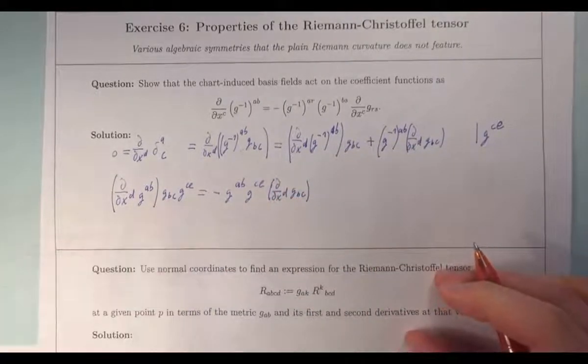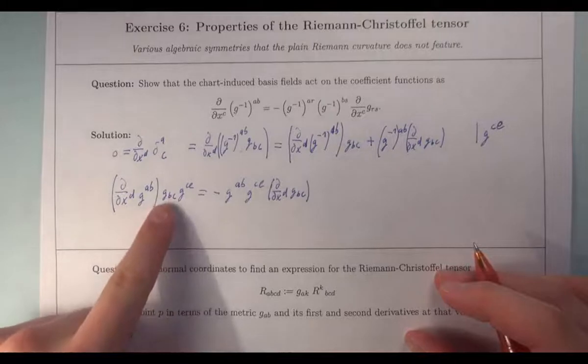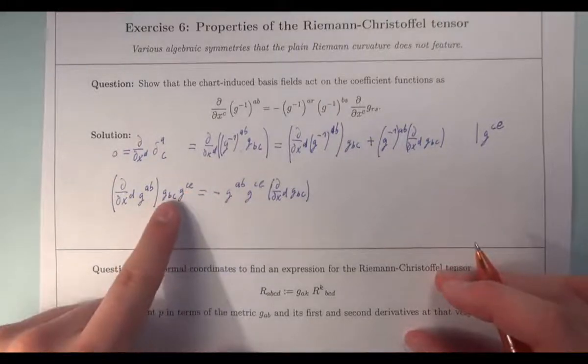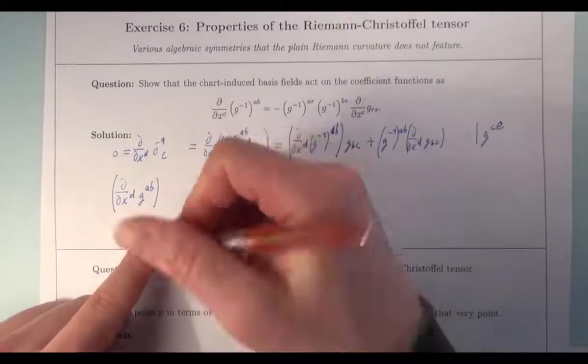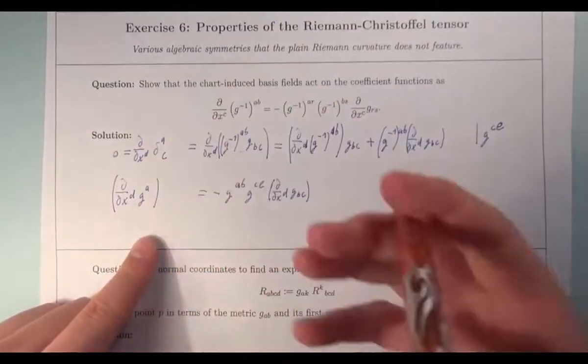So we see here again a delta. So this is delta BE. So we just can rename B to E. With my magic pen, it's very easy to do that.